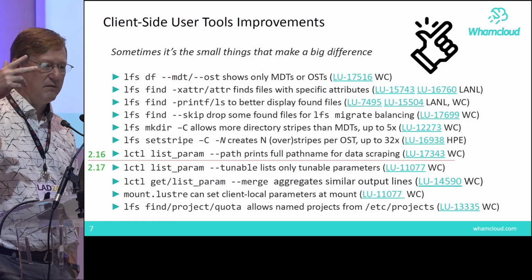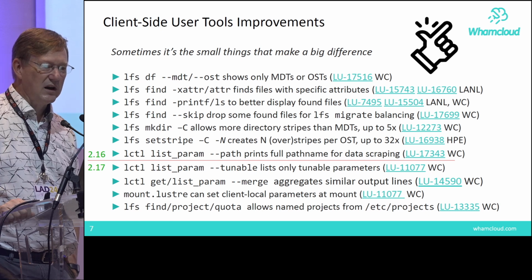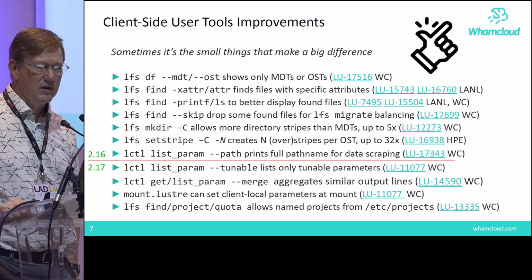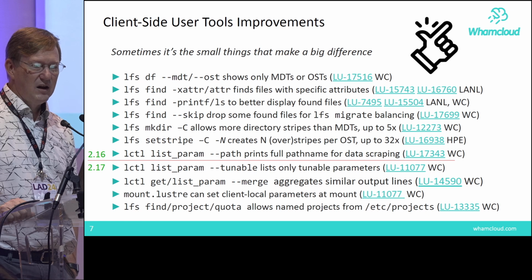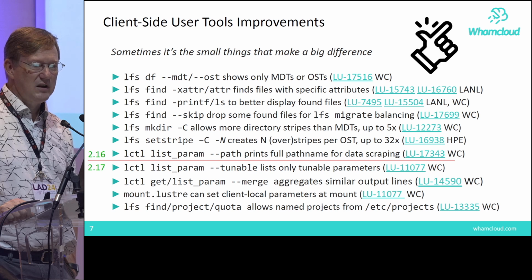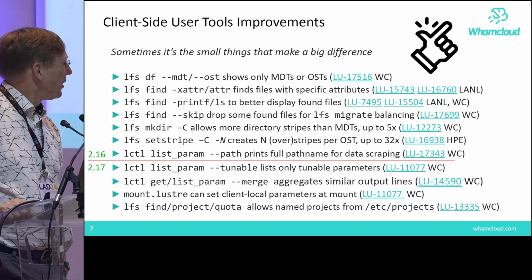It will point out if there's a difference and colorize them so that you can see some of these things are set differently than the other ones. It's nice just for reporting so that you can see the aggregation more concisely, but it's also good for debugging if you get inconsistencies between one MDT and another or whatever.